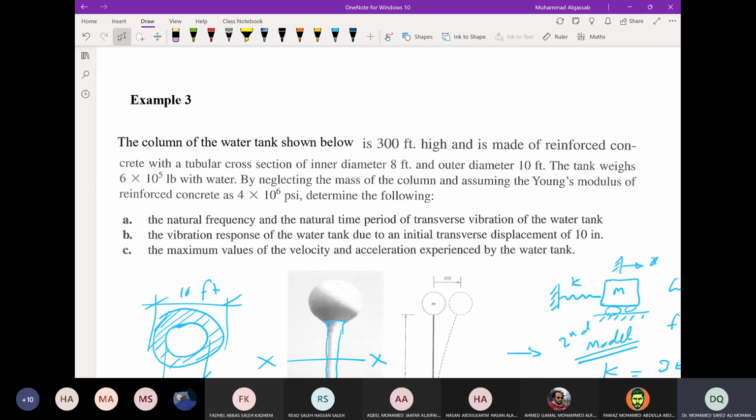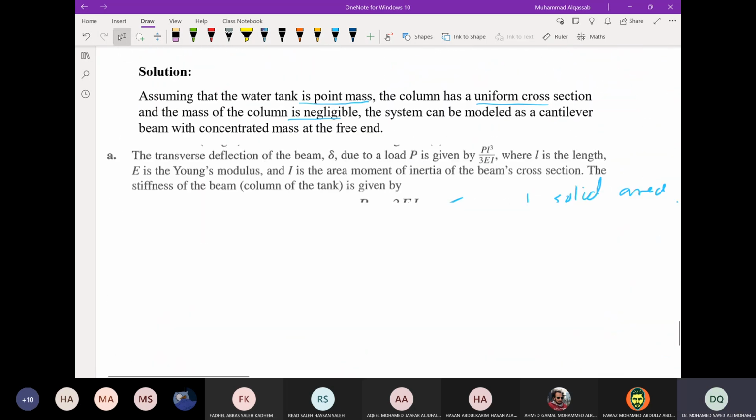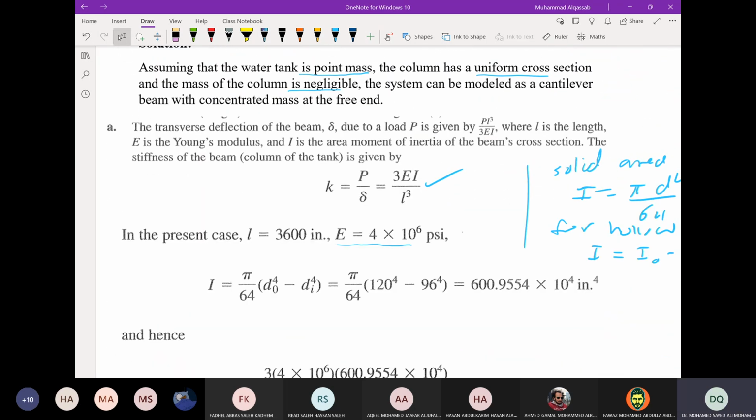So you need to convert the dimensions to inches so that you have consistent units. For K, you need to substitute in the expression K equals 3EI over L cubed. Since E is in pound per square inch, you need to write I in inch to the power 4 and also L in inches.